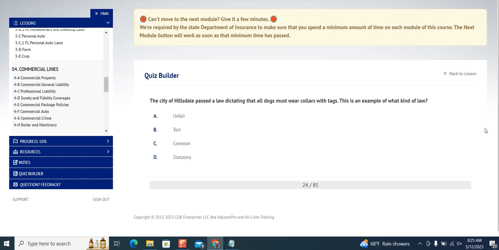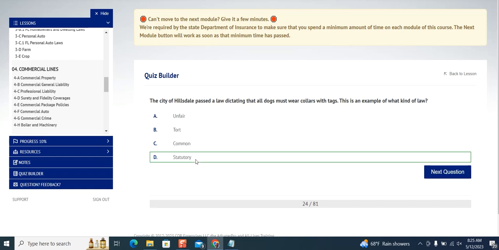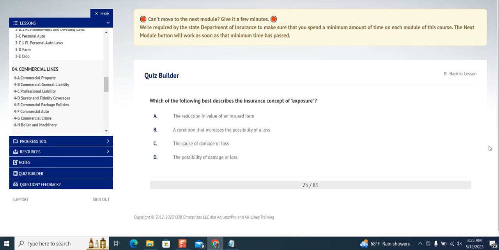So common law is some type of law that the courts come up with based upon their court cases. But they say they passed the law, so it's got to be D. Which happened to be the right answer.